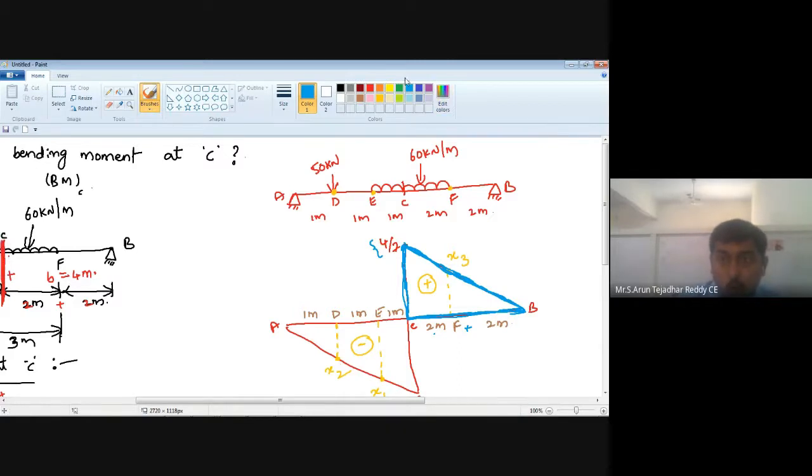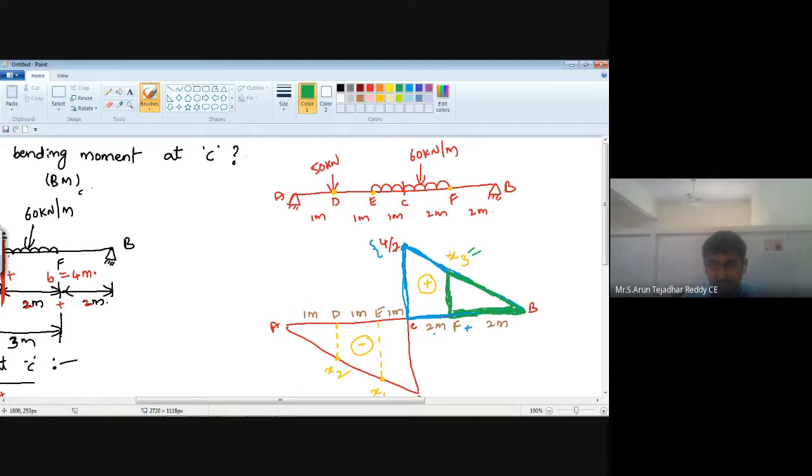now green color. We need x3 value. So for x3, make one triangle, green color. Observe green color. This is a completely other triangle. Now in this triangle, what is the perpendicular?